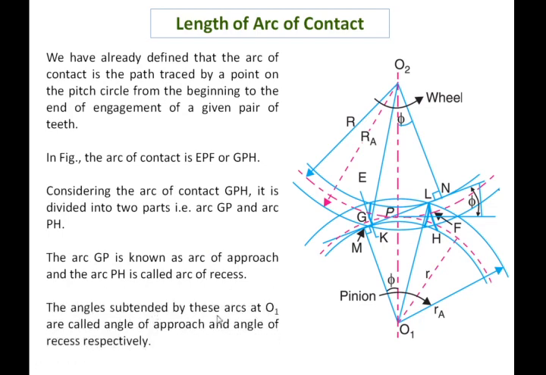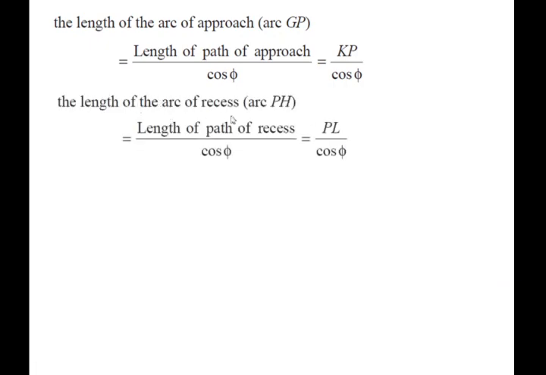The angles subtended by these arcs at O1 are called the angle of approach and angle of recess respectively. So we have the length of arc of approach GP, that is the length of path of approach KP divided by cos phi. Similarly, the length of arc of recess PH is the length of path of recess divided by cos phi, that is PL upon cos phi.